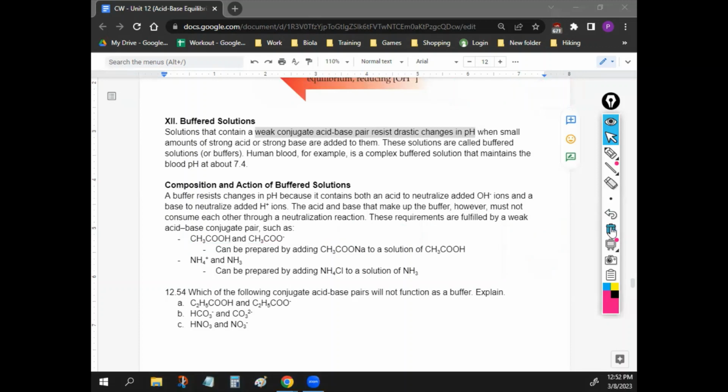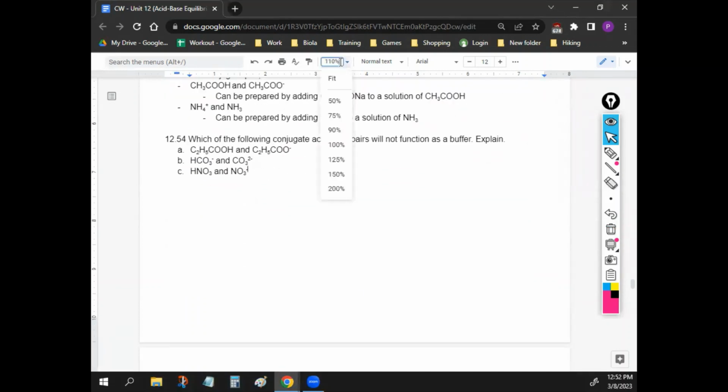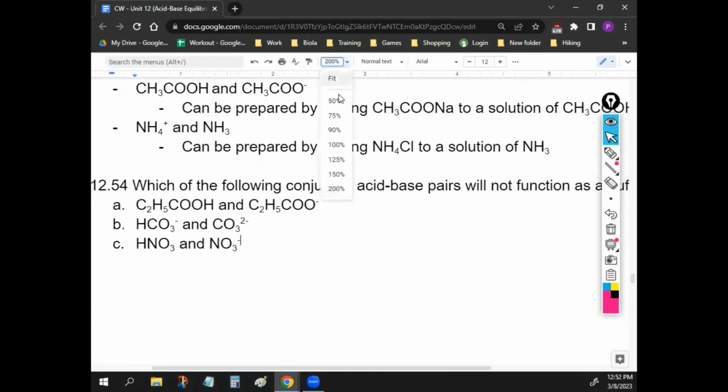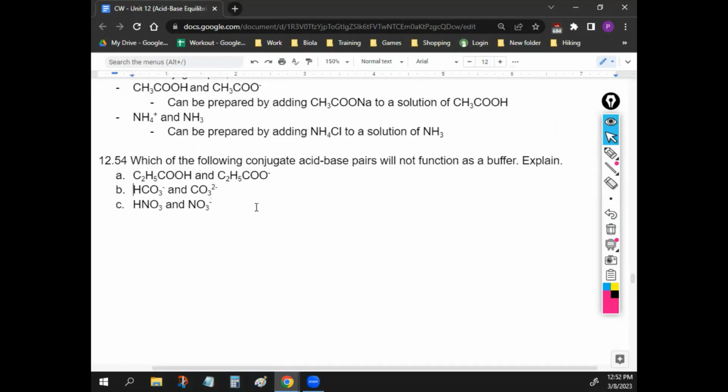Okay, so we're gonna look at 12.54 now, just to make sure you guys understand what a buffer is. What I did was I put 3 different conjugate acid-base pairs, so they're all conjugates of one another. But I want you guys to figure out which one of these will not act as a buffer, and I want you guys to explain.